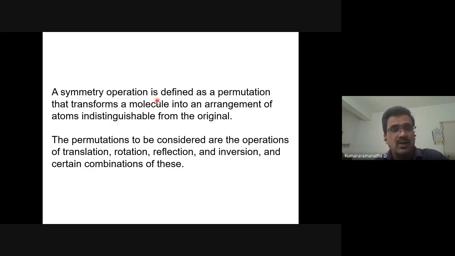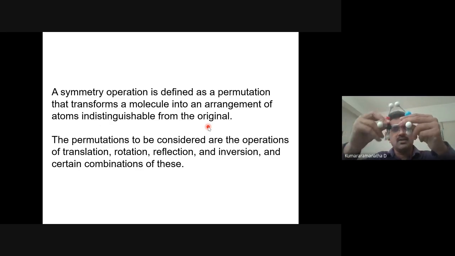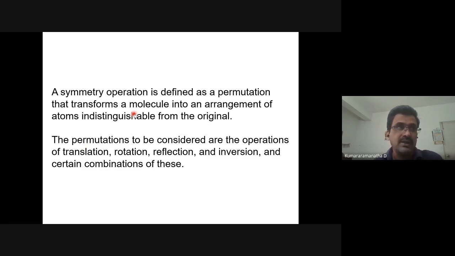A symmetry operation can be defined as a permutation which transforms a molecule into an arrangement of atoms indistinguishable from the original. So whatever you started with, by doing some changes, like rotation or whatever you do, make sure that it becomes indistinguishable. You started with it, the same thing should turn out, even though you have done some rotation. Now, what are the possible permutations you can do?